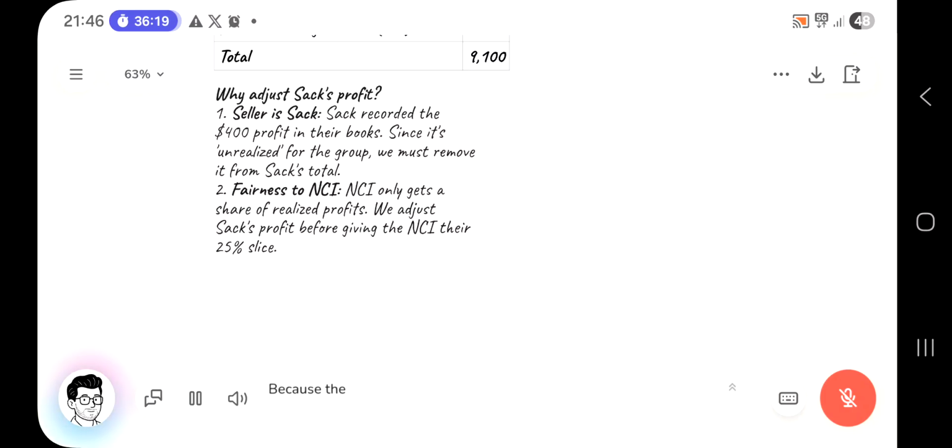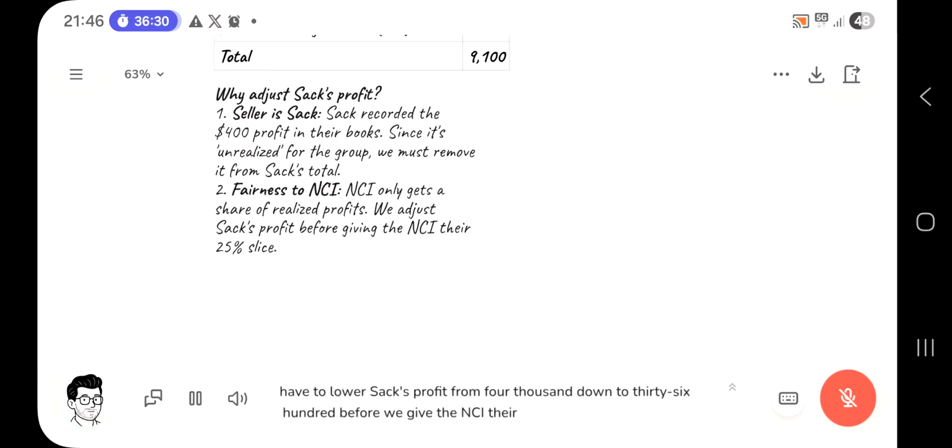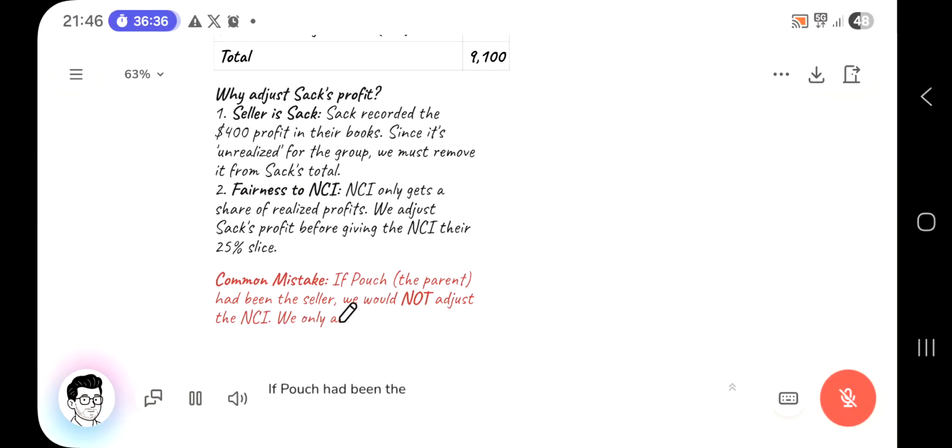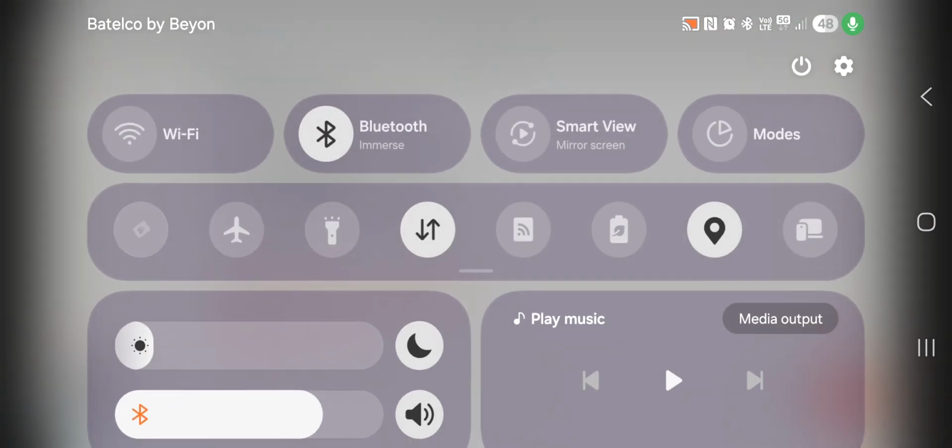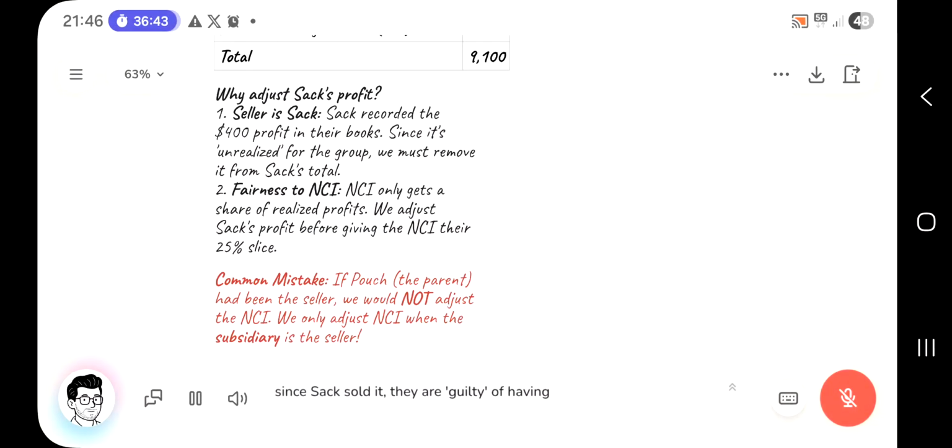Because the group hasn't actually earned that $400 yet, we have to lower SAC's profit from $4,000 down to $3,600 before we give the NCI their 25% share. If Pouch had been the seller, we wouldn't touch SAC's numbers. But since SAC sold it, they are guilty of having that fake profit in their books. Does that clear up why we adjusted it this time?